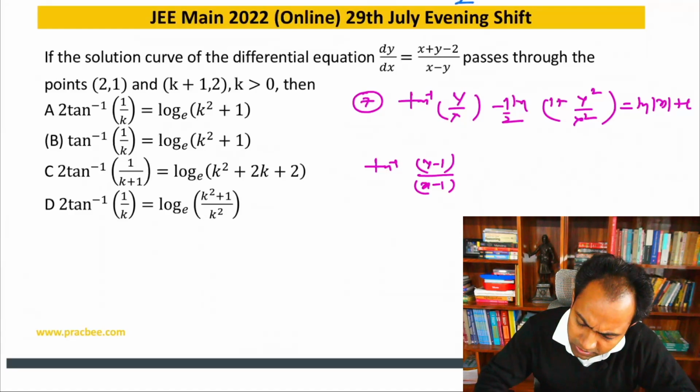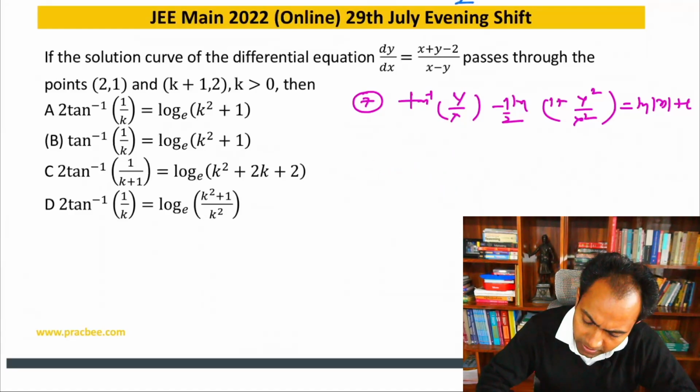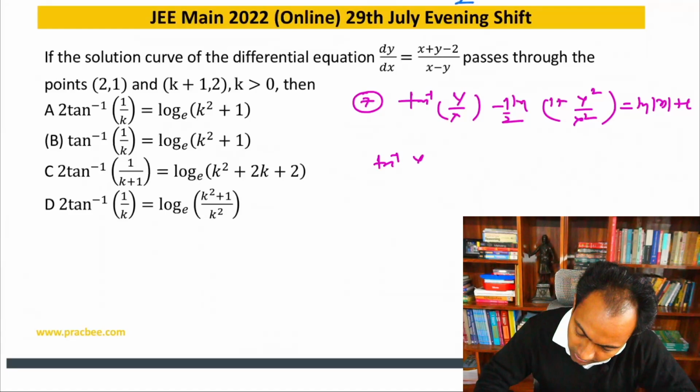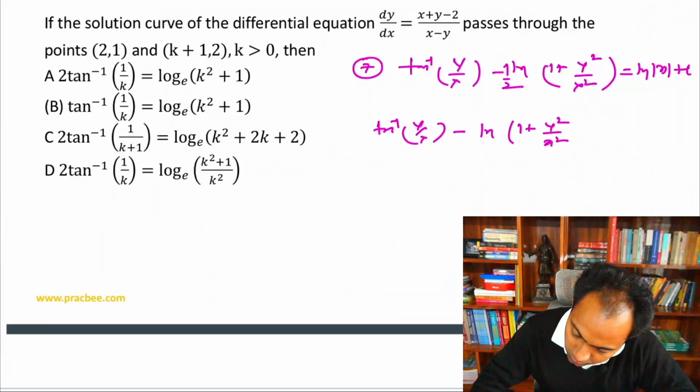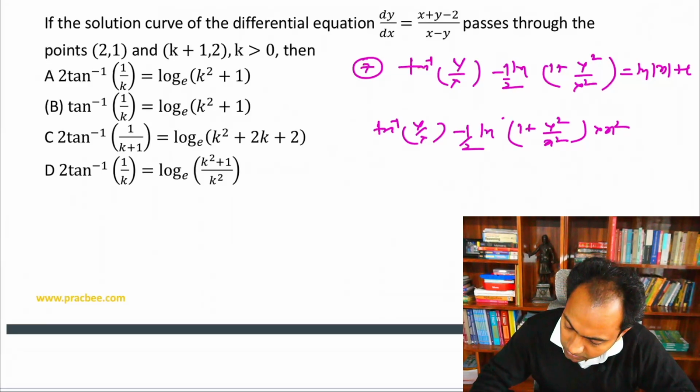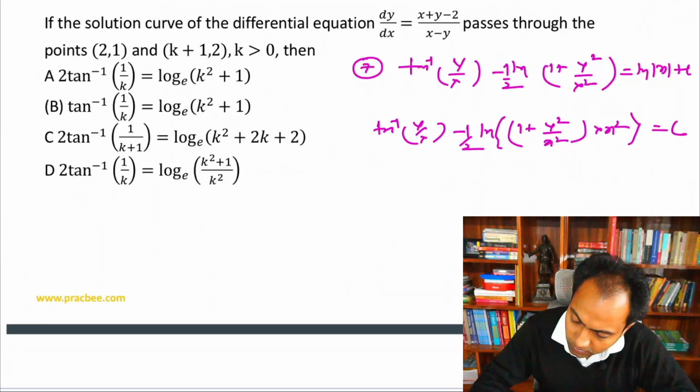Let us do a small simplification before doing this, because it will make our life easy. So tan inverse of capital Y by capital X, and we can bring this ln here on this side. So this will become ln of 1 plus Y square by X square, 1 by 2 is there. It will get multiplied and become X square, is equal to c.